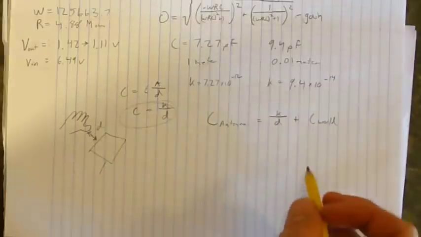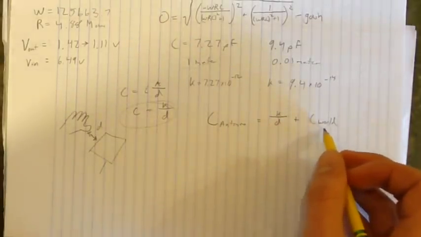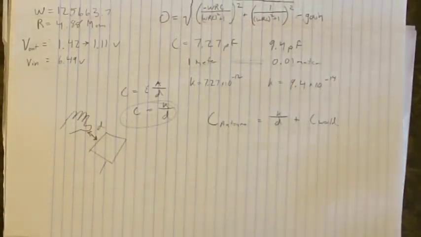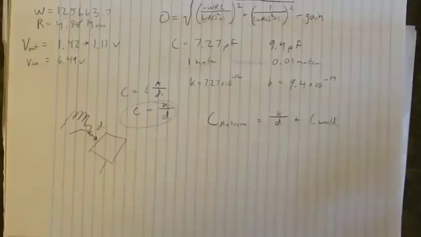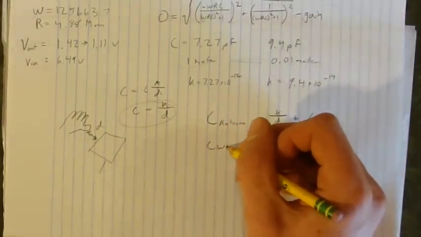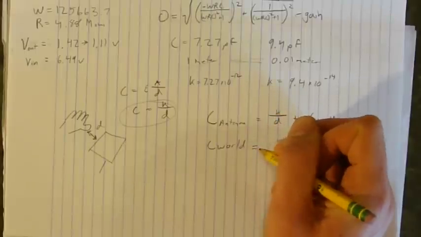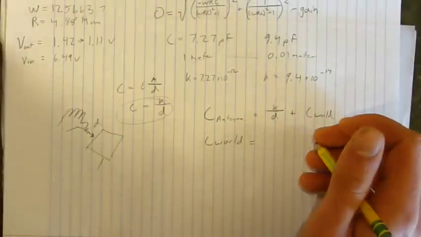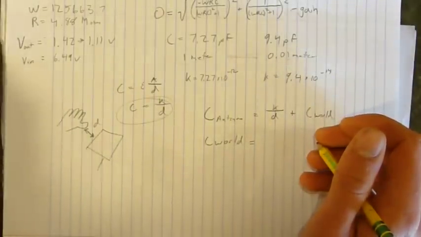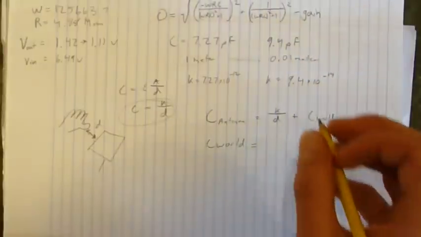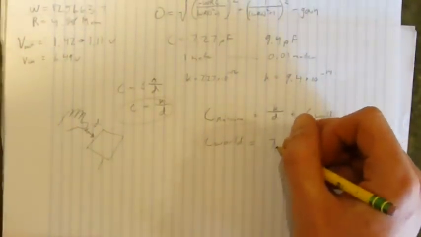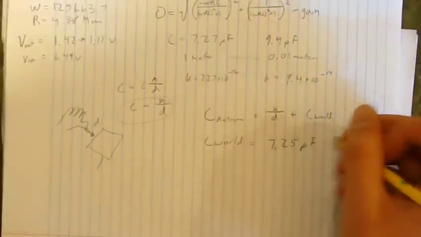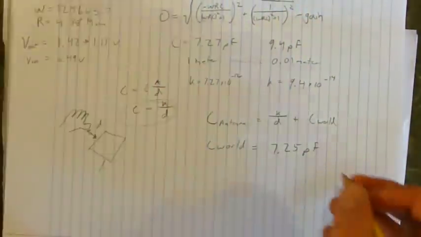So now we should be able to solve for k and the capacitance of the world using these two data points. So using a system of equations, it evaluates that the capacitance of the world, C world, is equal to 7.25 picofarads, which is very close to when our hand was very far away from it.